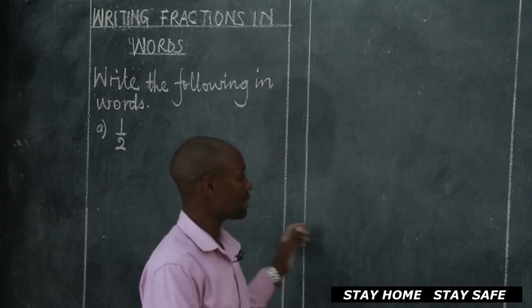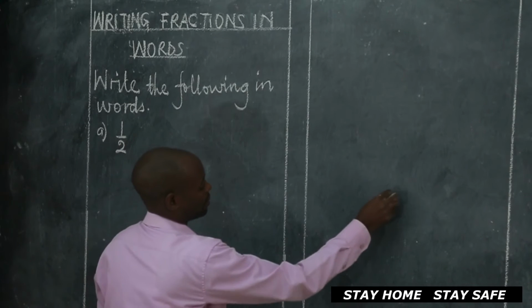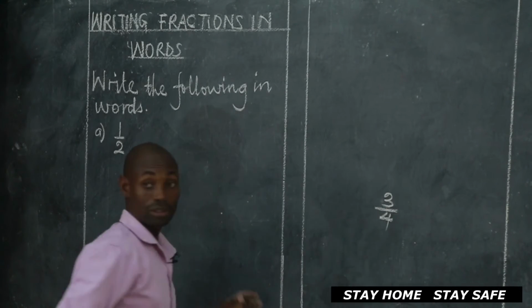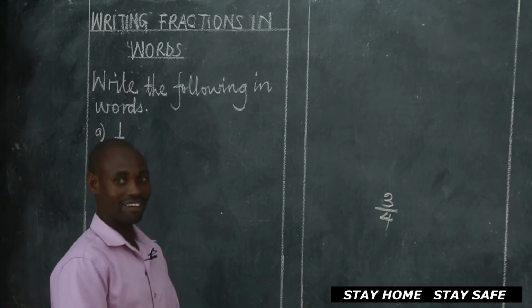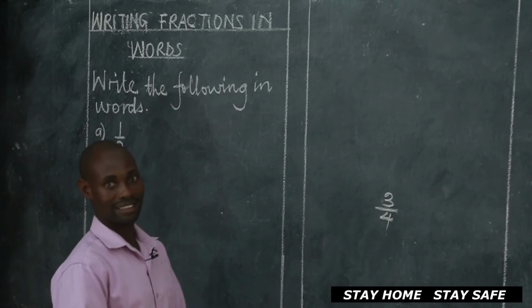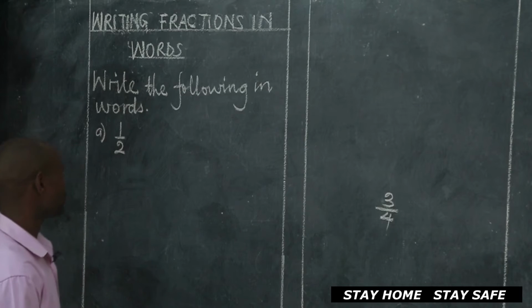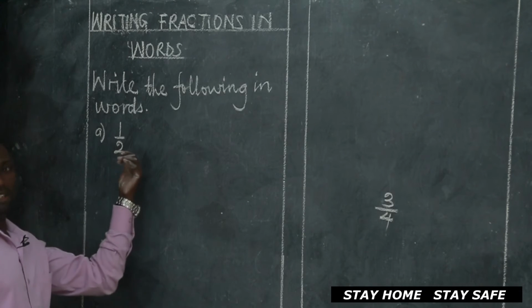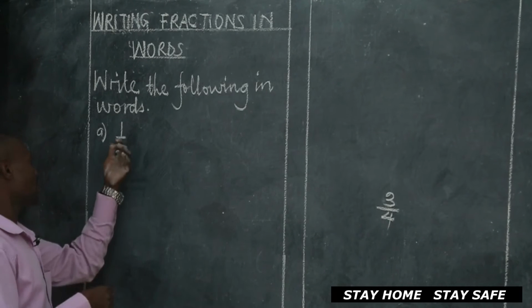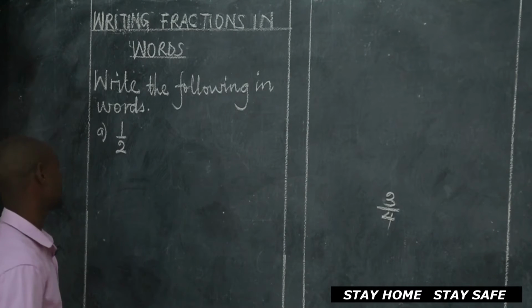If I tell you to write this one, in speech you can say 3 out of 4. But when we are writing in words, we don't say that. So that is the reason why I have come here to teach you how to read these fractions correctly.